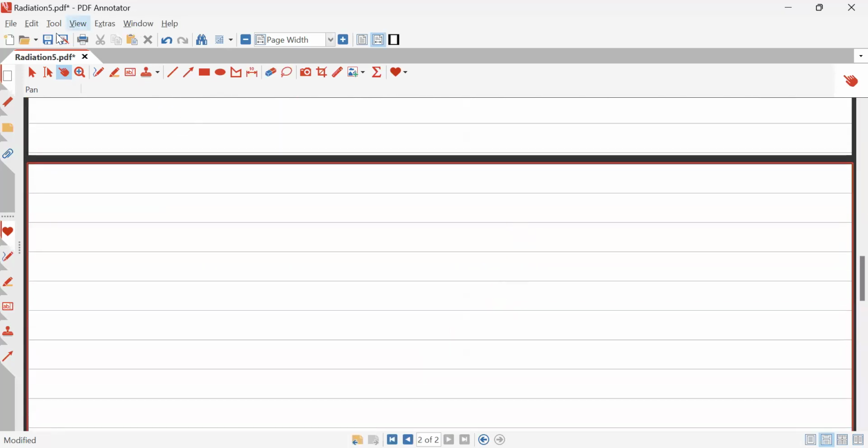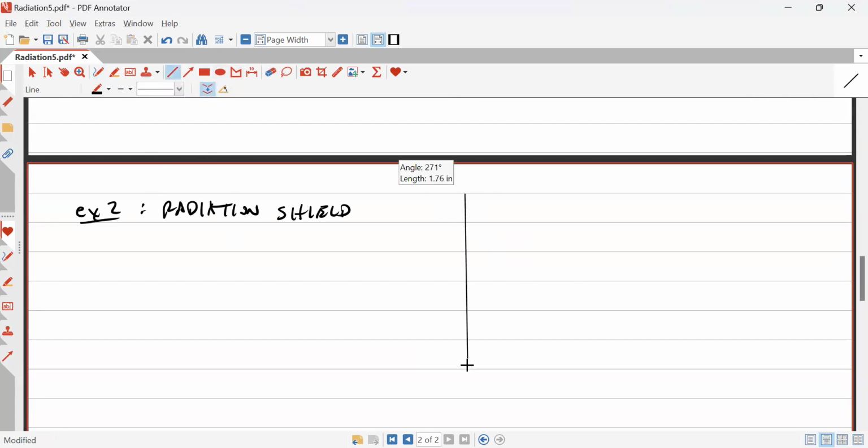All right, so let's talk about a second example, getting it slightly more complicated here. So the second example is a radiation shield. Okay, so here we're going to have three surfaces. So you have surface 1 and 2, and these go off into infinity, in and out of the page and up and down.